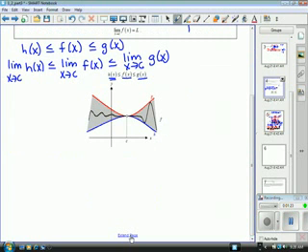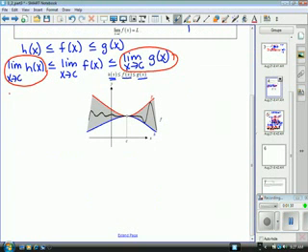Sometimes you'll look up and this limit and this limit will be exactly the same. For instance, let's say this limit happens to be L. And let's say that this limit is the same thing.